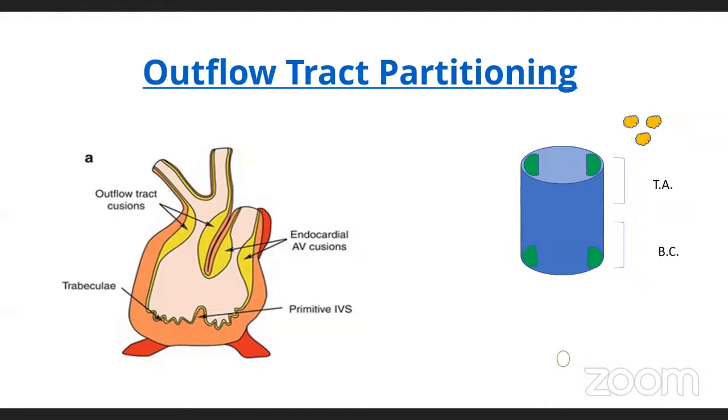At the bottom part of the bulbus cordis, you're going to have bulbar ridges in the middle, but from an anterior-posterior view, you will have ridges coming together. They are spiraling around this center axis. This center is part of the bulbus cordis and is called the conus cordis.